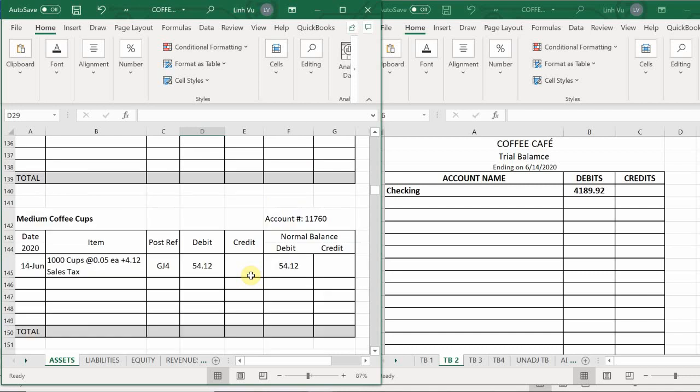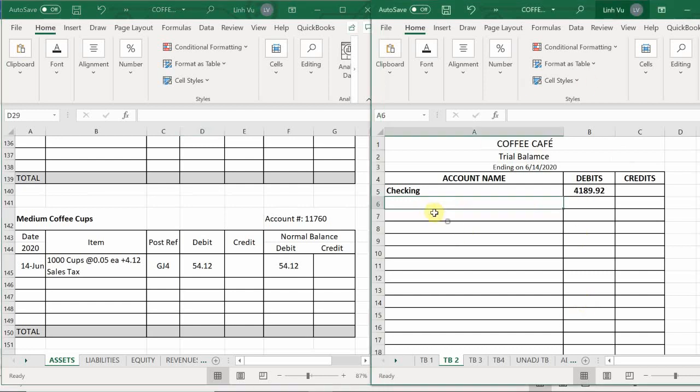We bought some coffee cups. So the first account that I have here is my medium coffee cups. How much is the account balance here? $54.12 on the debit side.